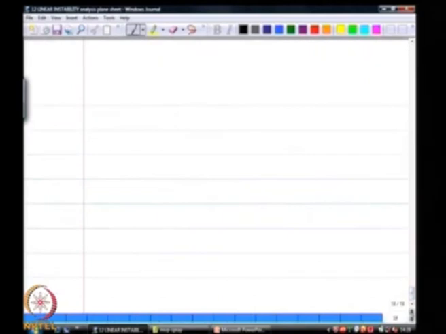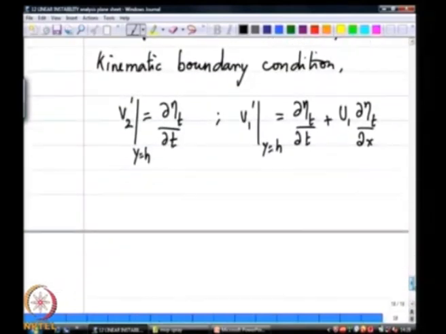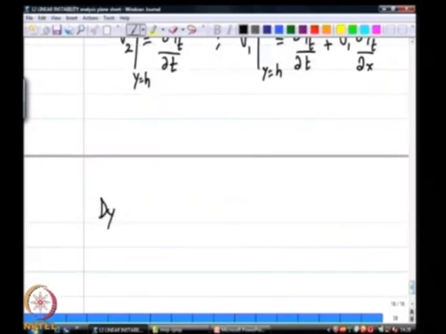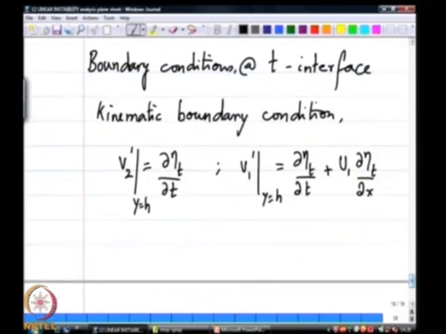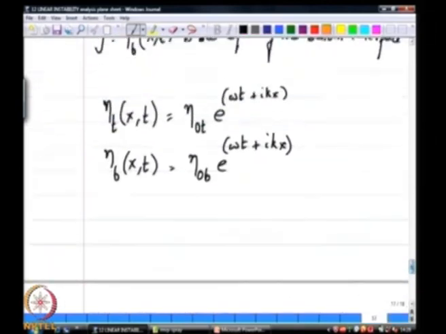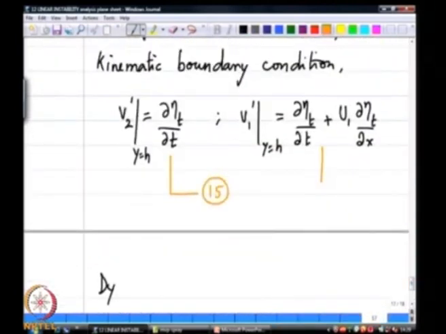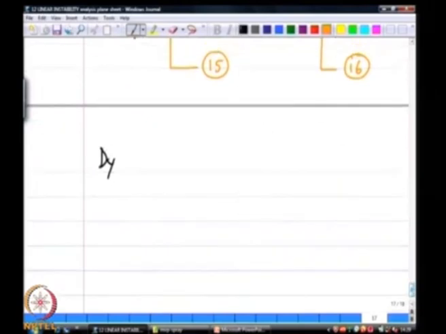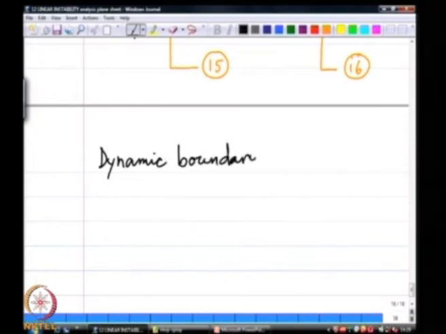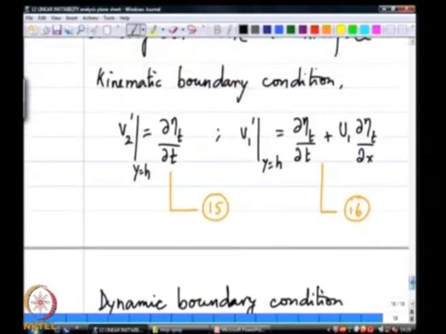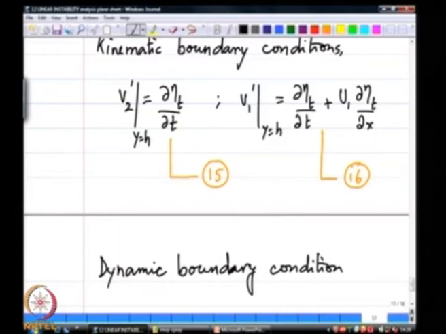Now, if I write down the dynamic boundary conditions, I have two kinematic boundary conditions at the top interface.